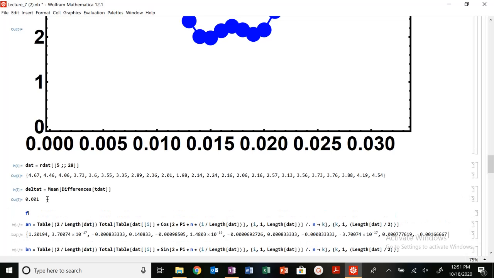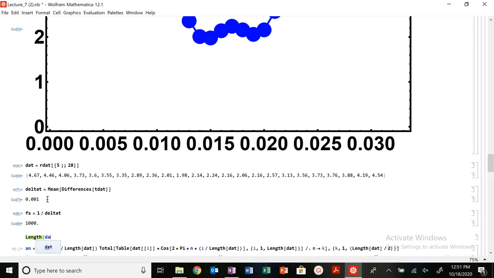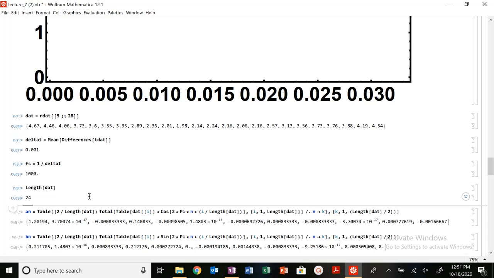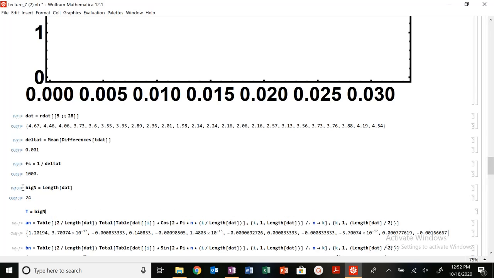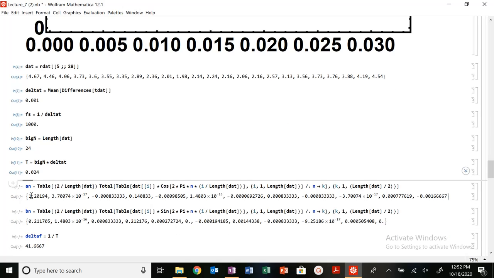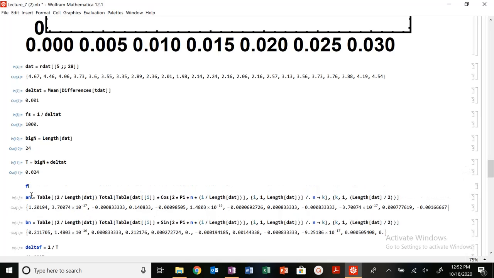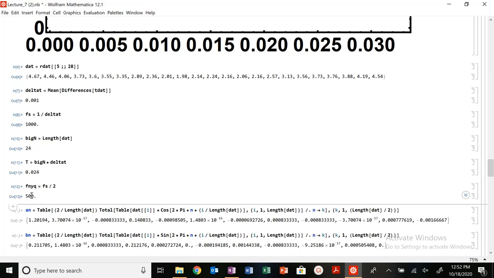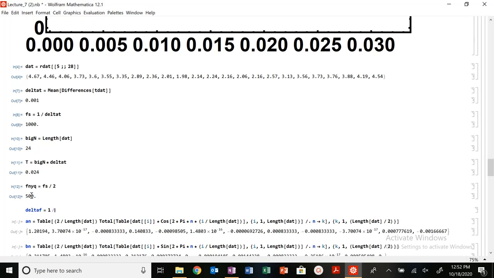If I know my delta T, I know my F sub S is equal to 1 divided by delta T. The length of my data that I'm working with is 24, which is equal to my big N. With big N, my period T is equal to big N times delta T, 24 milliseconds, which matches what we have there. I know that my Nyquist frequency is equal to Fs divided by 2, and my delta F is equal to 1 over T.